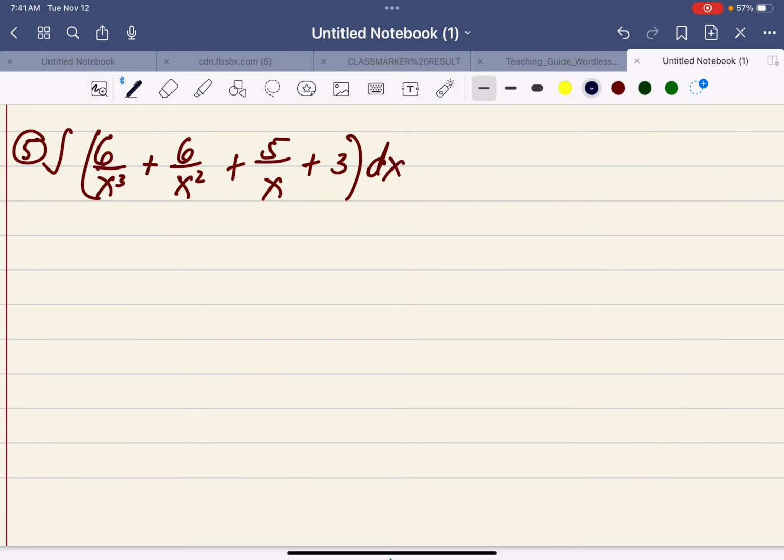For number 5, what is the antiderivatives of 6 over x cubed plus 6 over x squared plus 5 over x plus 3? Okay.